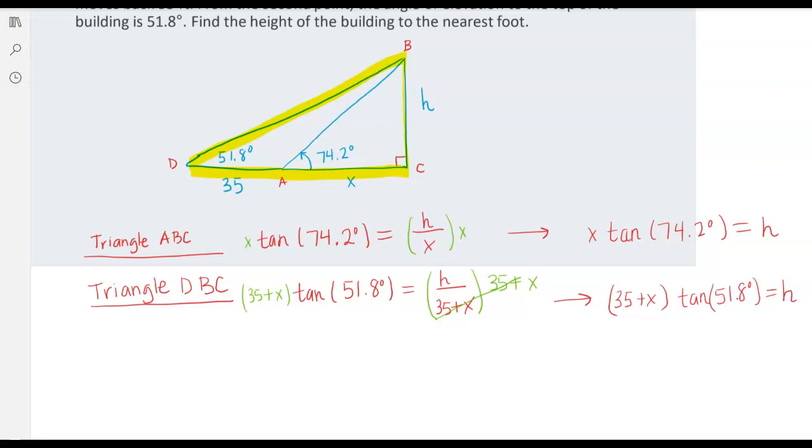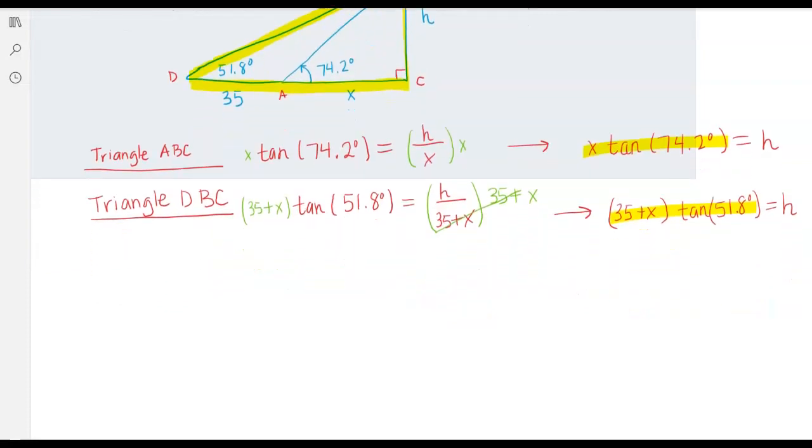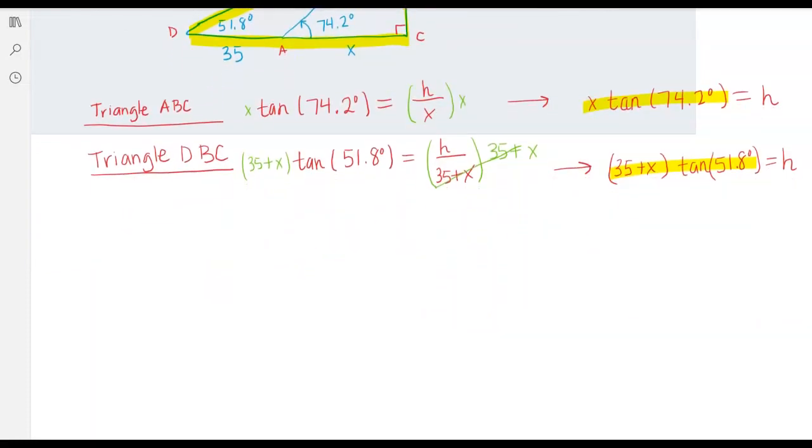So I have two different things that are equal to h, so I can set those two things equal to one another. In the first equation, I have x times the tangent of 74.2 degrees. And from the second equation, I have 35 plus x times the tangent of 51.8 degrees.